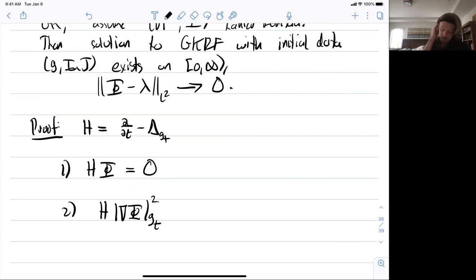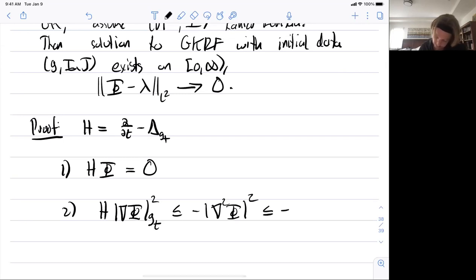And for our purposes, it's good enough to just say it's less than or equal to negative the norm of the Hessian of phi squared. In particular, this will be less than or equal to negative |rho_Bismut^I|^2. So we have this identity showing that phi is the potential for the Bismut-Ricci.